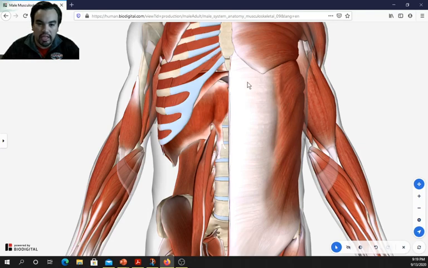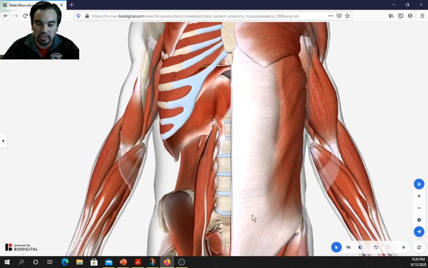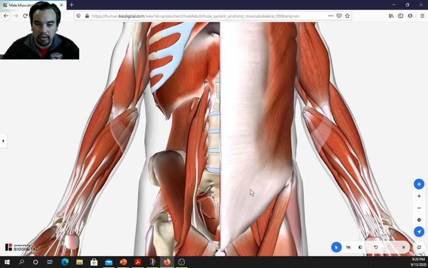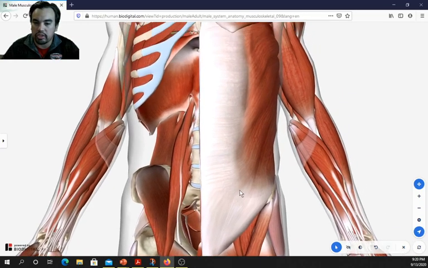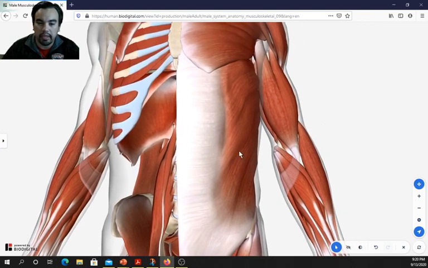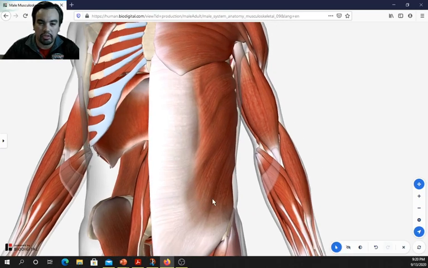And it just kind of attaches to this big connective band right here. And this is how you start getting hernias and stuff. When this band of connective tissue tears, then the muscles underlying start protruding out, and that's where you get these hernias.